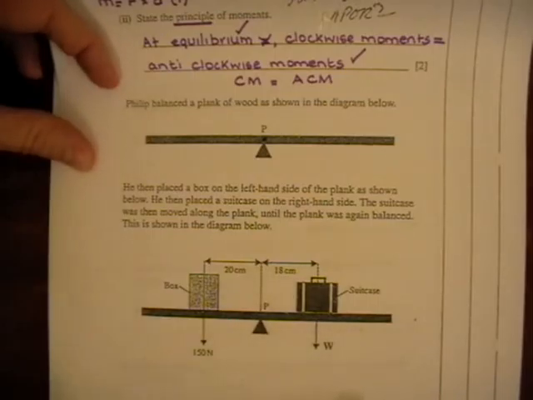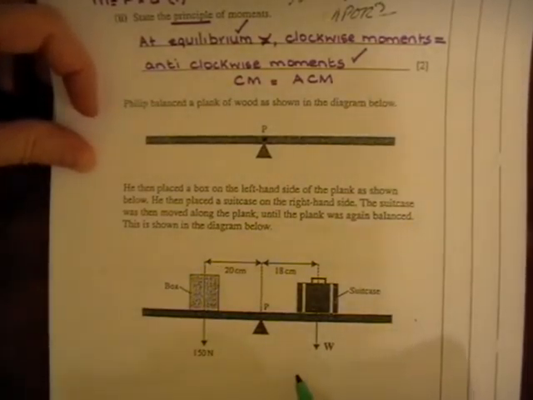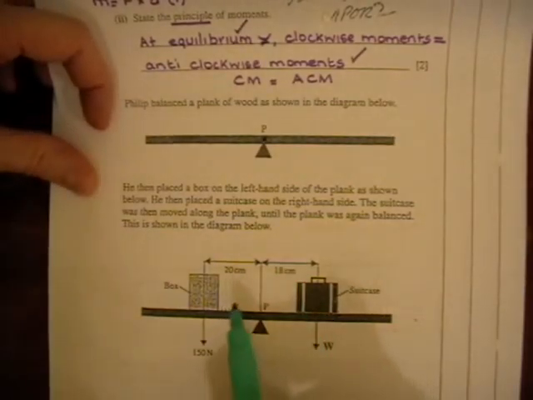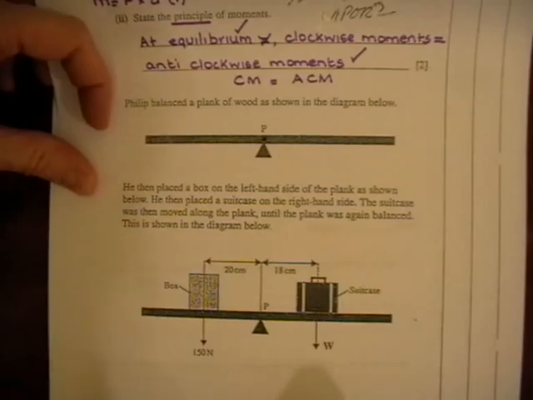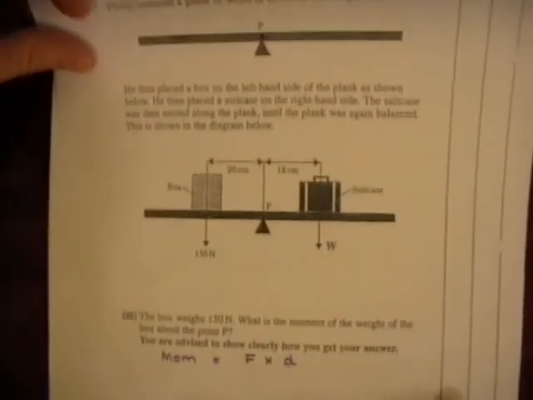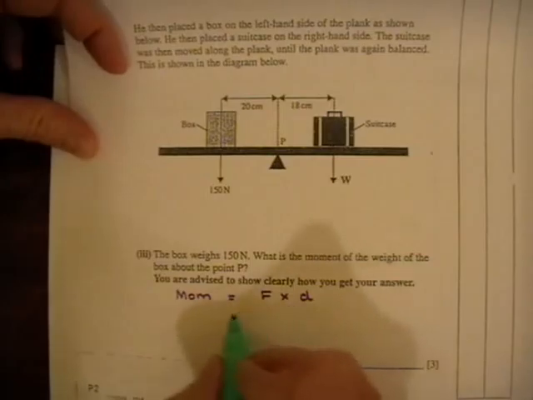So the question says, what is the moment of the weight of the box about point P? Okay, now if this whole thing is balanced, then what you need to do is calculate the moment of the box about point P. So you're going to write down your equation, moment equals force times distance.